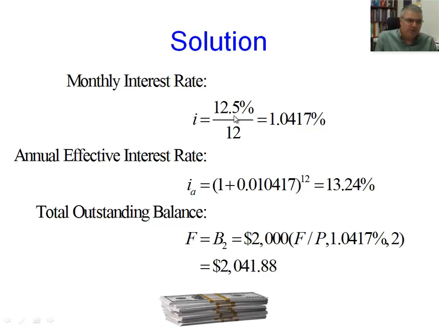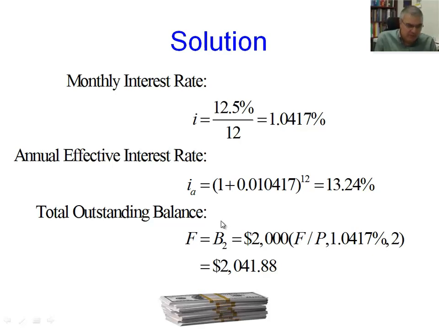So at 1.0417%, the monthly rate, we simply take this to the power of 12. As the problem stated, the I sub A would be 13.24%. That is an effective interest rate.